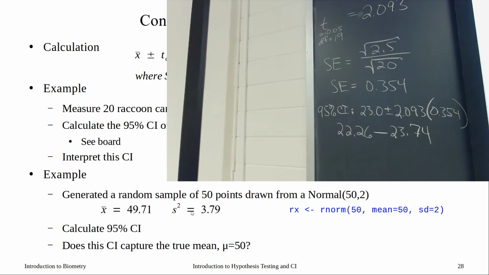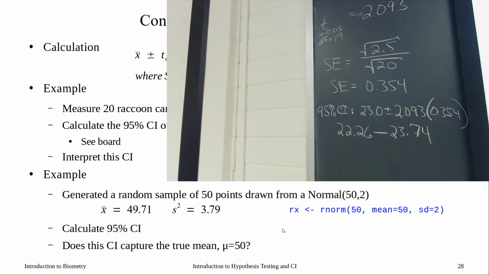We want to calculate a 95% confidence interval. So use R, generate your Rx vector, calculate the mean of that Rx vector, calculate the standard error of that Rx value, and then do your 95% confidence interval. Everyone's going to have a different interval.